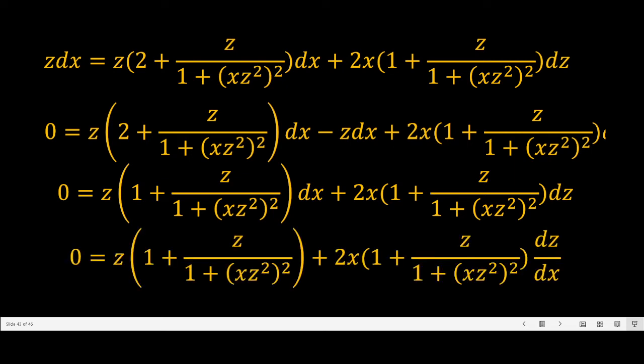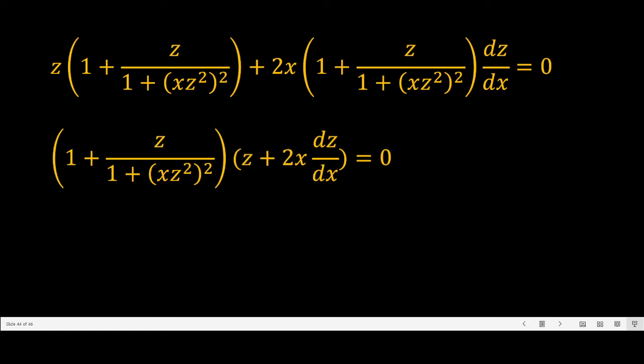Finally, after factoring out and dividing both sides by dx, we will have this equation. And for the final form, we need to factor out the term 1 plus z over 1 plus xz squared to the power 2. And from that, we have this function.